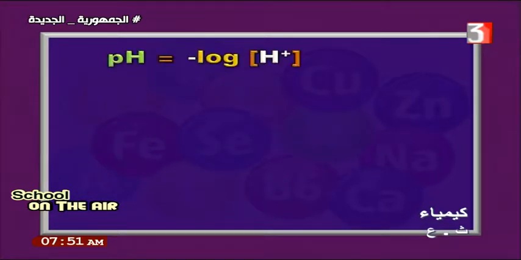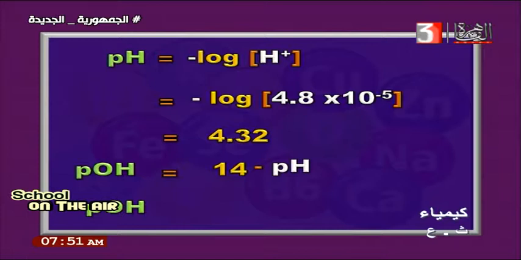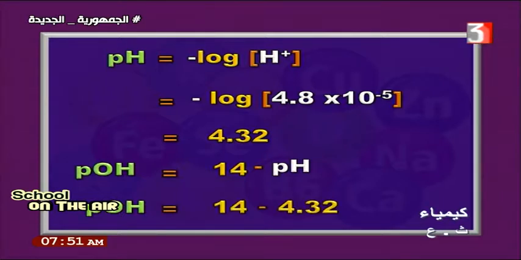Then the pH is equal to negative log of hydrogen ion concentration, so negative log 4.8 times 10 to the power negative 5, so equals 4.32. Then pOH equals 14 minus pH, so 14 minus 4.32, so the answer will be 9.68.